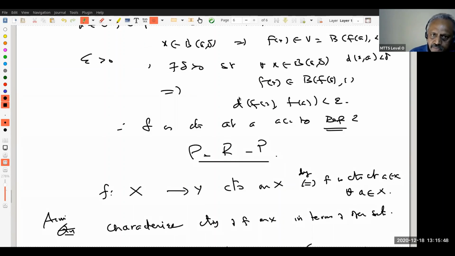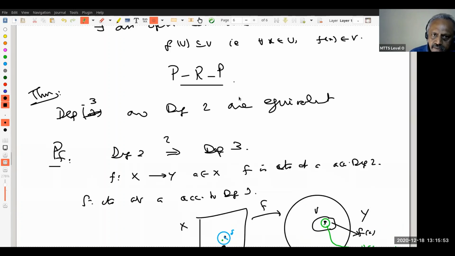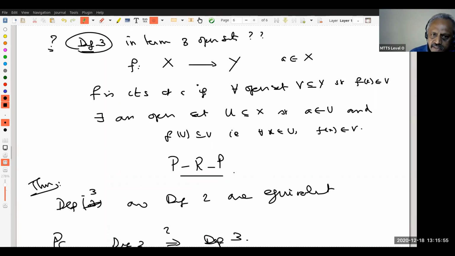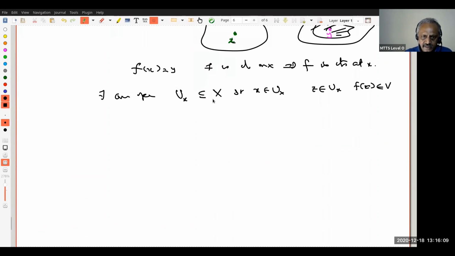And what is our definition of continuity according to definition 3? f is continuous at x if for every open V in Y such that f(x) belongs to V, there is an open set. And my y is f(x), which belongs to V. And f is continuous at x, therefore there is an open set. Are you following? Please go back and understand. Don't assume. This is because of definition 3.